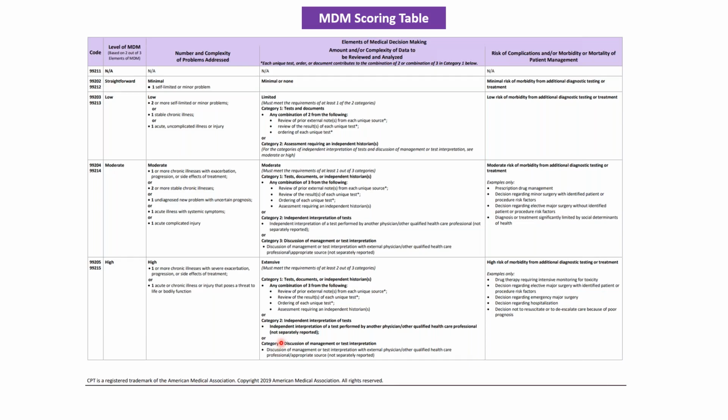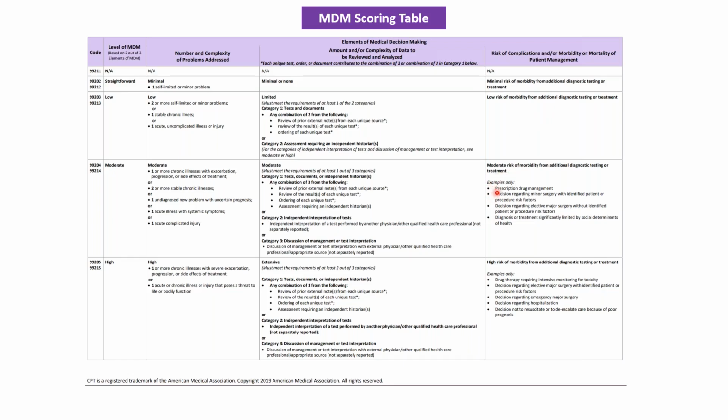All right. So finally, when we talk about risk, it is a little more subjective. You have a minimal risk of morbidity. You have a low risk of morbidity that is subjective up to the coder, but it's less subjective when you get to the moderate section, and they give you examples.